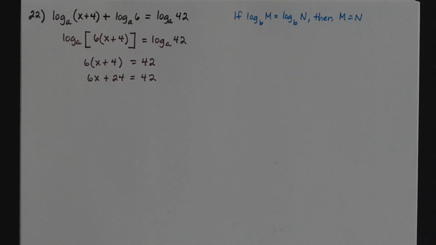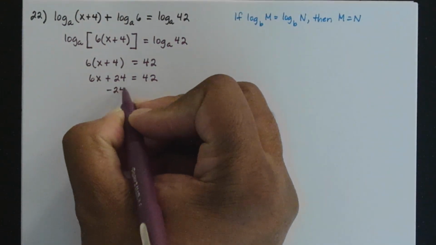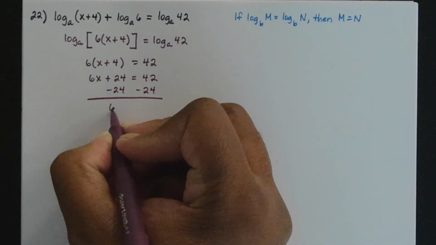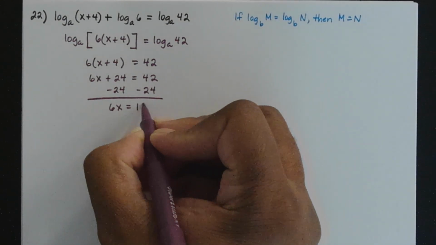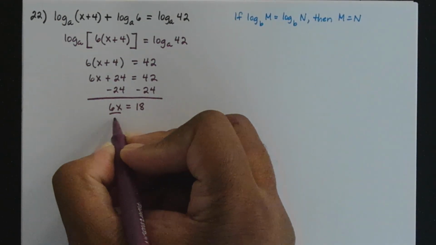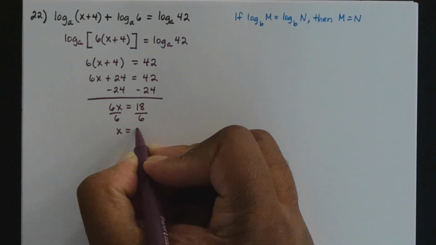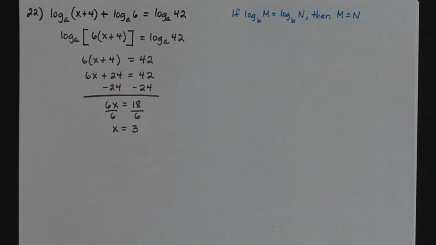And then to solve this equation, to get 6x by itself, I need to subtract 24 on both sides. So that means 6x is equal to 42 minus 24. That's going to be 18. Divide both sides by 6, you'll get x is equal to 3. All right, now that's my proposed solution for this logarithmic equation.